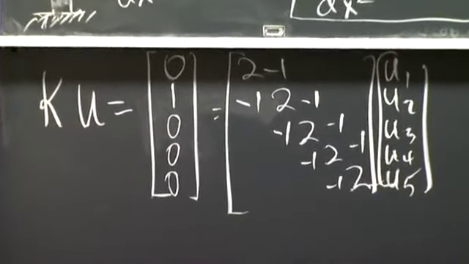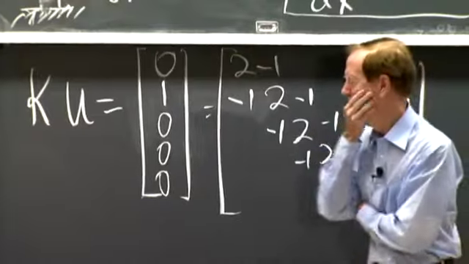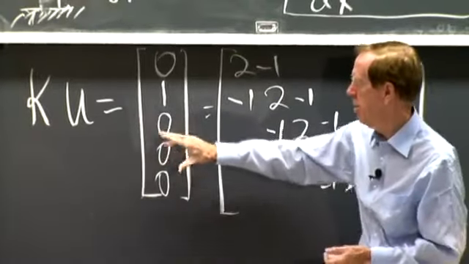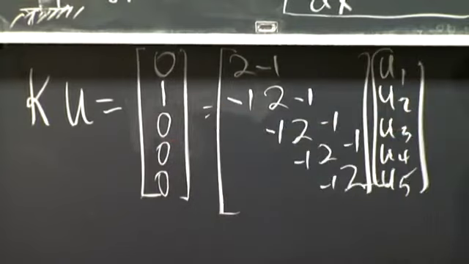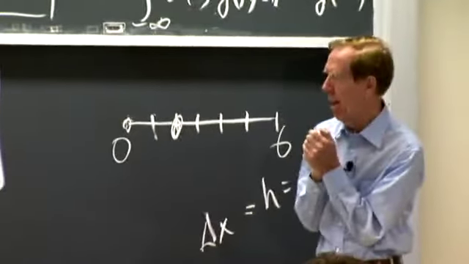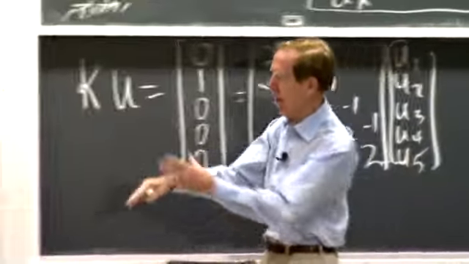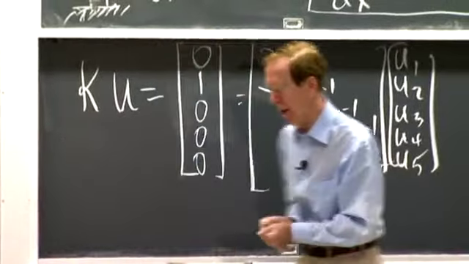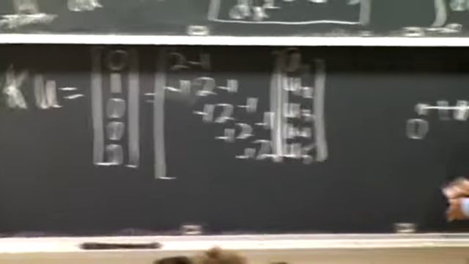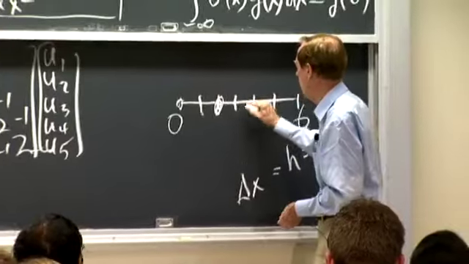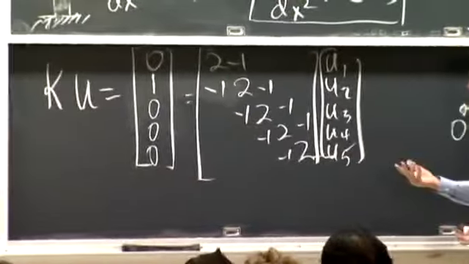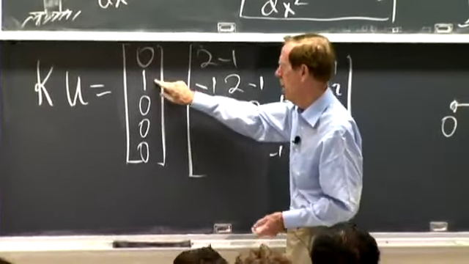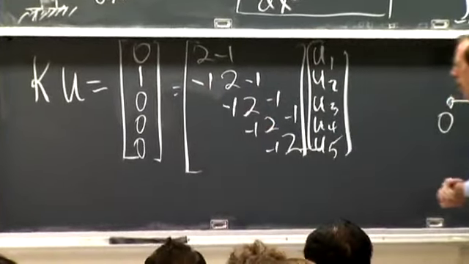I'm going to find the solution. And this will be the solution that has a load at this point. This is like my point A, right? Here, in the continuous case, A could run anywhere between 0 and 1. In the discrete case, I've got 5 possible load points, and I picked the second one. 5 columns of the identity matrix, 5 places to put that 1. I put it there.